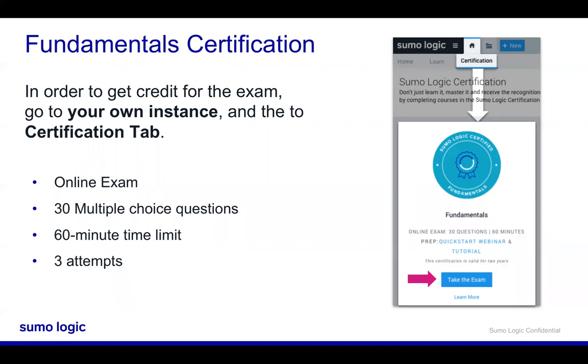So the certification is an online exam. It's a 30 multiple choice question and you have a 60-minute time limit on it. And of course, you can retake this if you miss the first or second time.